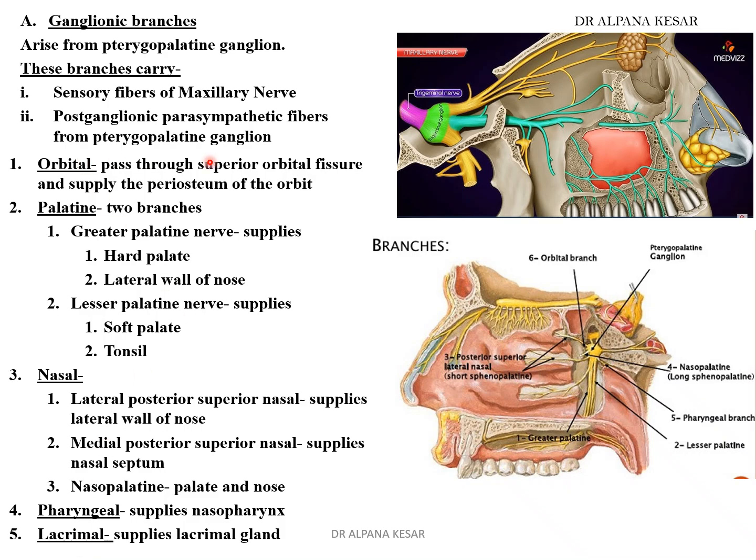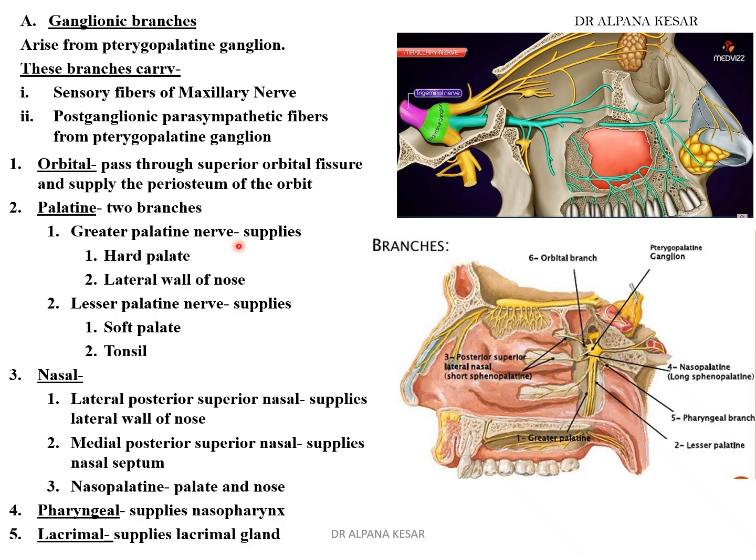Orbital nerve passes into the orbital cavity through the superior orbital fissure. In the orbital cavity, it supplies the periosteum of the orbit. There are 2 palatine nerves, greater palatine nerve and lesser palatine nerve.